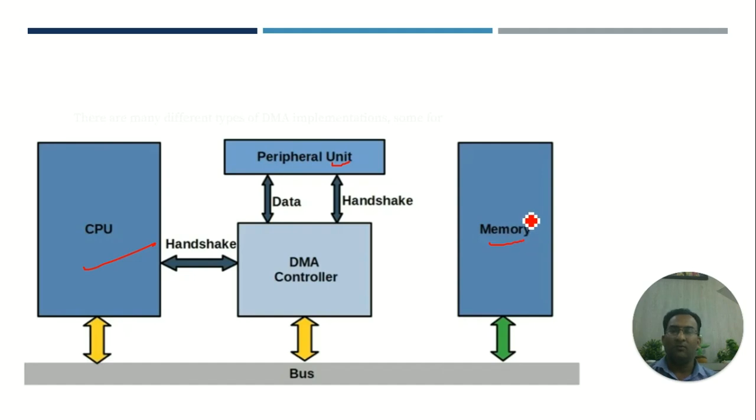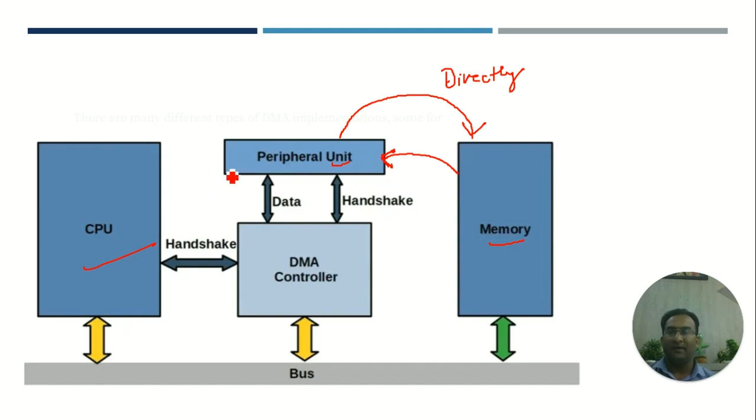We want either a transfer from the peripheral unit to the memory, or from memory to the peripheral unit. We want this transfer or communication of the data between these two devices to be direct. That means there must be no involvement of the CPU.